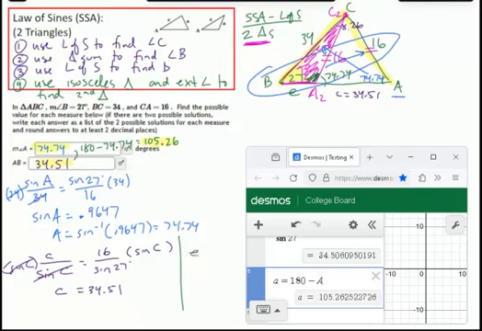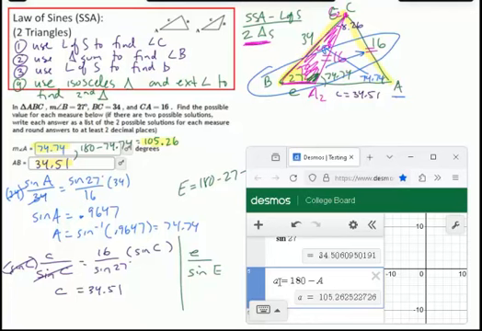So if I say E over the sine of the angle opposite it, which is this new angle here, and I'm going to call it angle E. So let's refer to this as angle E. In order to find this angle, angle E is going to be 180 minus my 27 minus this new angle A, right?